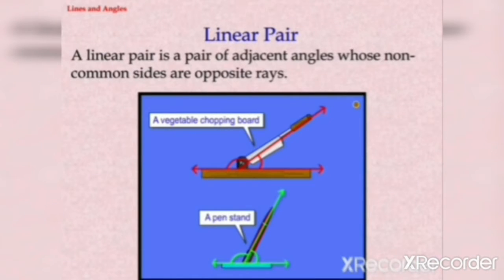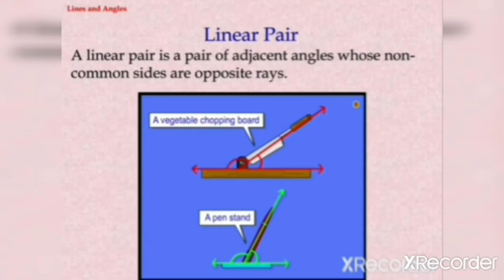After learning about adjacent angles, let's learn about linear pair. A linear pair is a pair of adjacent angles whose non-common sides are opposite rays. Here look, we have two examples, a vegetable chopping board and a pen stand.